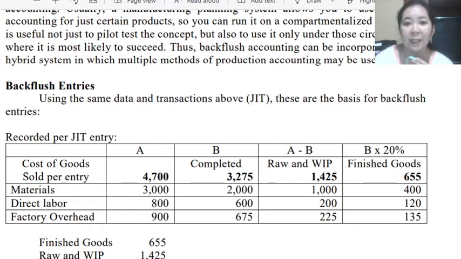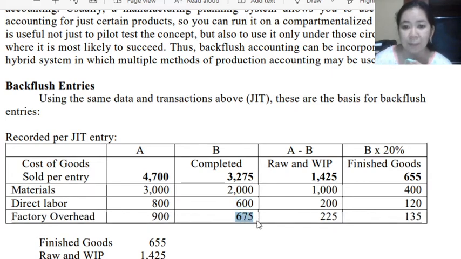The completed goods right here is item B, which is 3,275. This is from raw materials of 2,000, direct labor of 600, and factory overhead of 675.